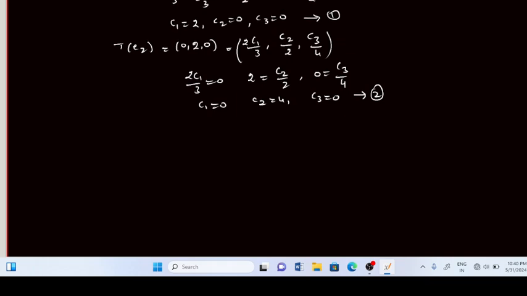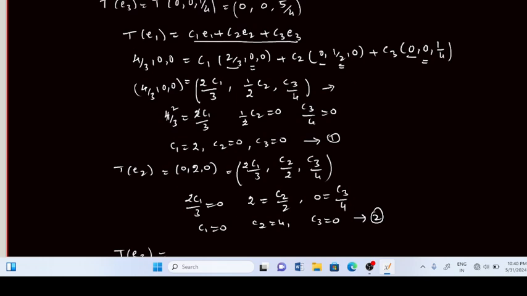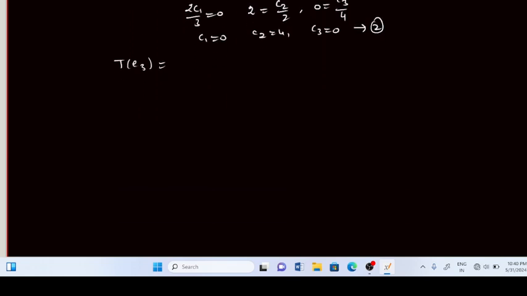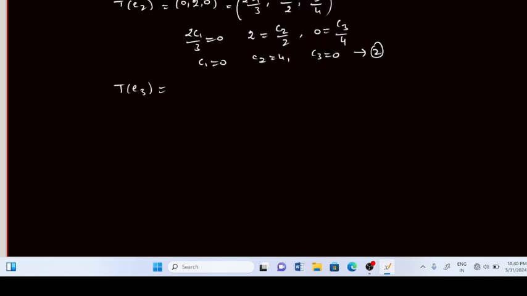Similarly, T(E3) is we have the values (0, 0, 5/4). So we write it here, (0, 0, 5/4). We equate it with 2C1/3, C2/2, C3/4.